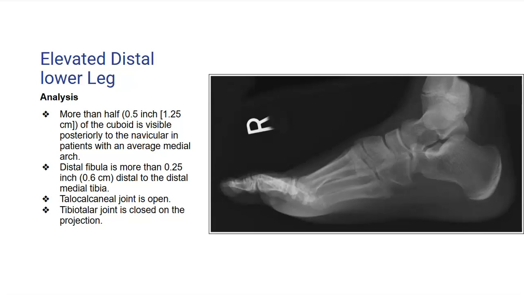The talocalcaneal joint will appear open, while the tibio-talar joint space will remain closed. In order to correct that imaging or positioning error, we need to lower that distal leg so that the lateral surface of the foot is parallel with the IR.